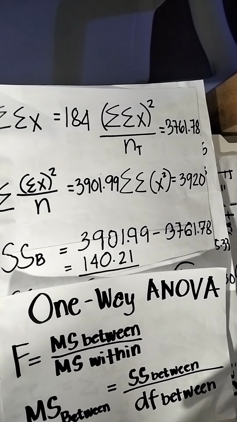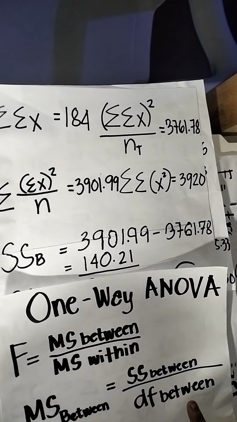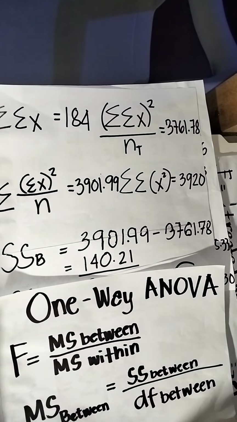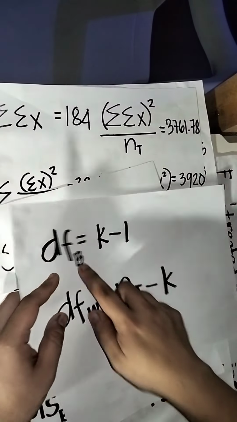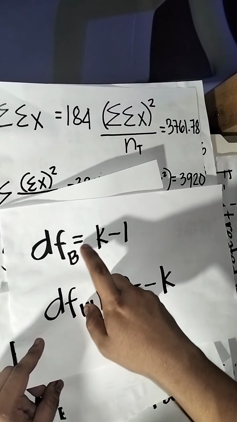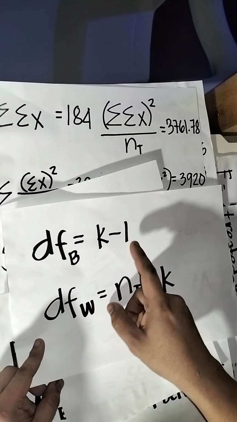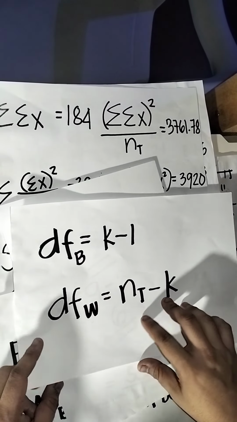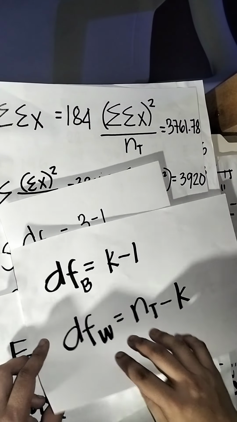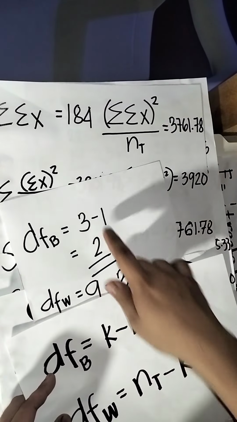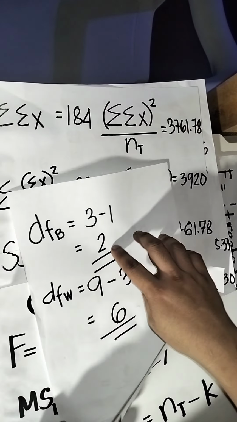Do we have now our degree of freedom? Not yet. So, our degree of freedom for between, the formula is, degree of freedom between is equal to K minus 1. What is K? How many columns do we have? How many did we compare? Three. Okay, now, 3 minus 1 is equal to 2.